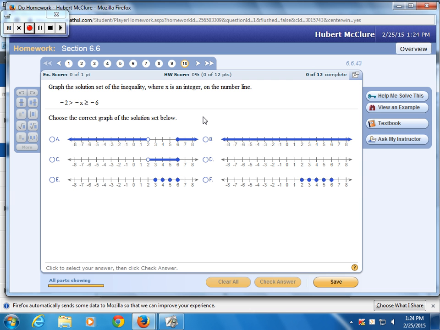There's another rule: if you divide or multiply through by a negative, you have to flip the inequalities. That's why I don't teach a lot of that. I tell you to use it only as an emergency, and this is an emergency. So I'm going to divide through by -1 all the way through.